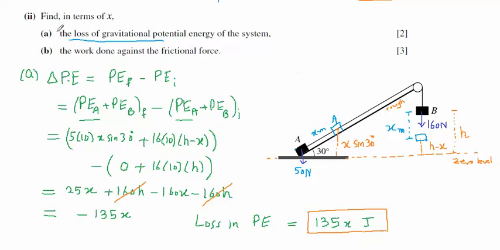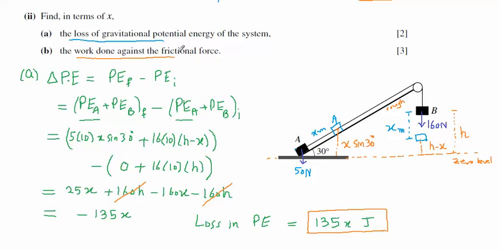Now part B of part 2: find in terms of x the work done against the friction. Whenever work done by a force or against a force is asked, first we see whether we have that force and the distance covered.